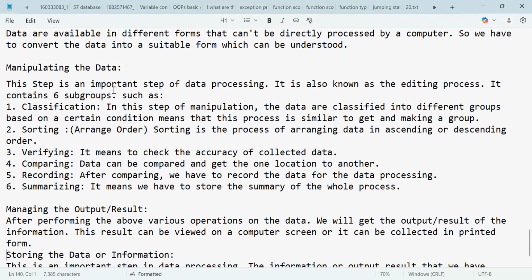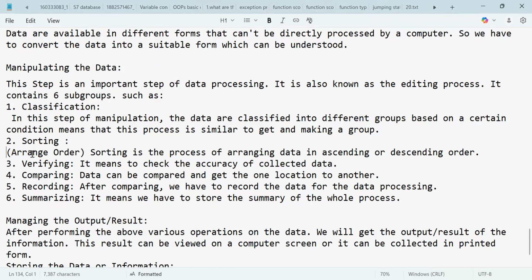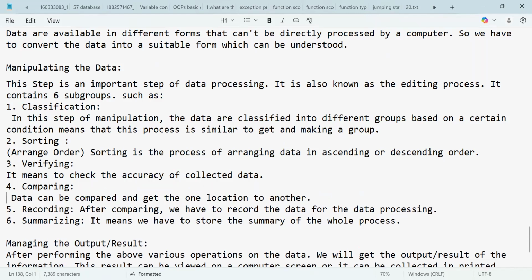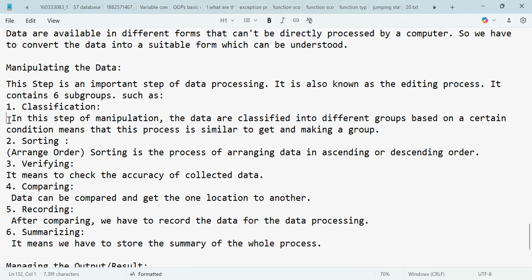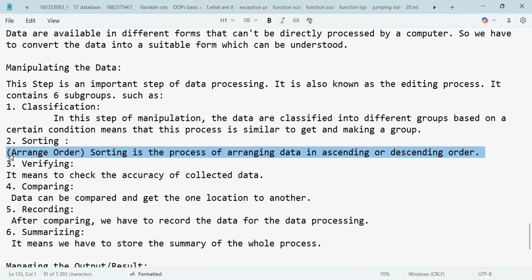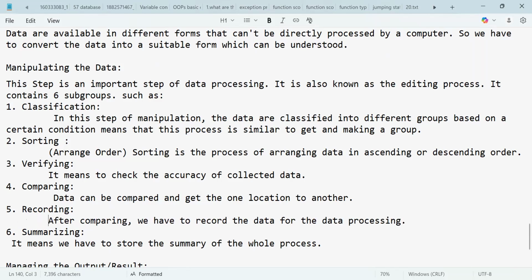It contains six subgroups: first is classification, second is sorting, third is verifying, fourth is comparing, fifth is recording, and sixth is summarizing. The first one is classification.